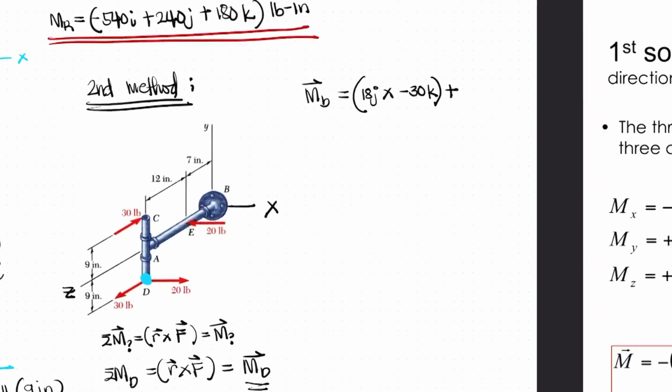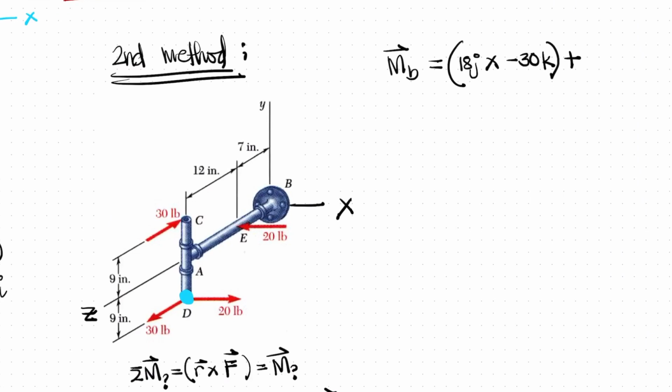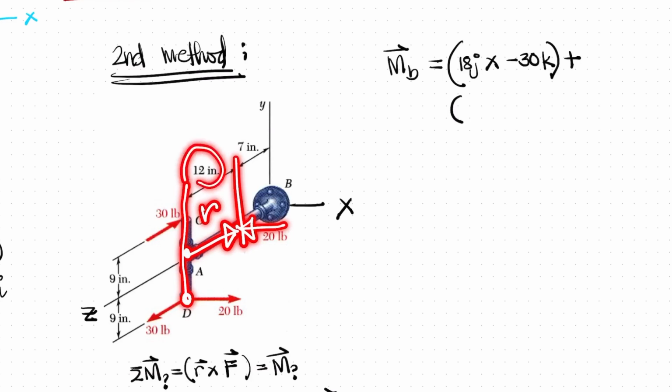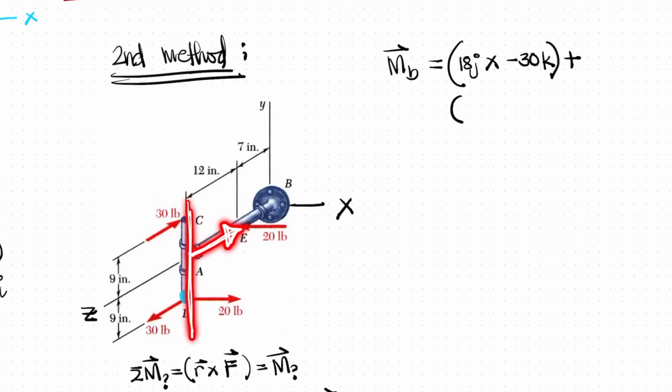So, plus, okay, we start with this one. For this 20, the R is 12, from this point going here. Along the z-axis, that is negative, because it goes from here away from the point where you take the moment.